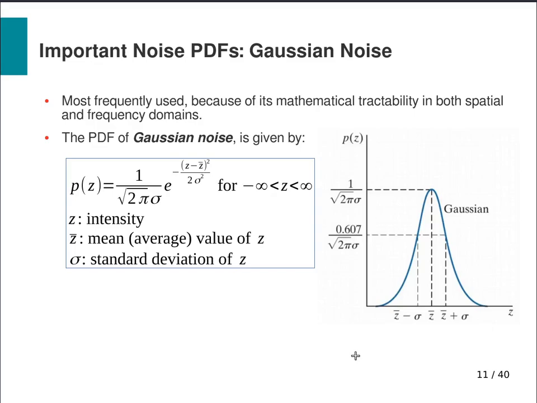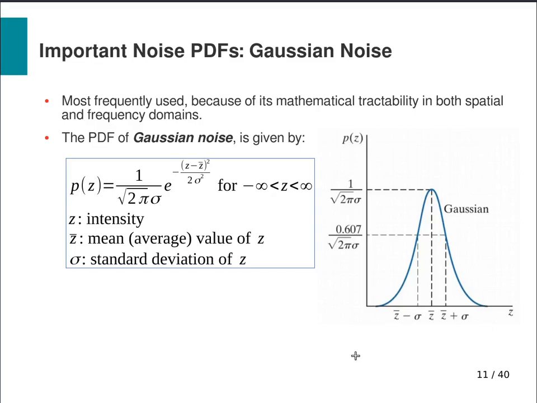Because of this, Gaussian noise is usually the most common among all the noise PDFs. Of course, the Gaussian PDF has other nice properties too, which we don't talk about in this course. You can refer to relevant courses on probability to learn about the Gaussian PDF.